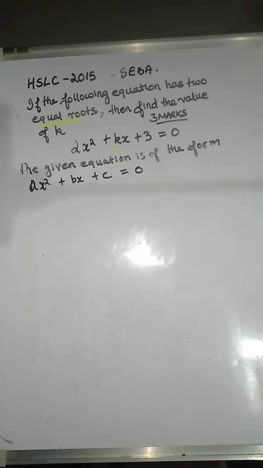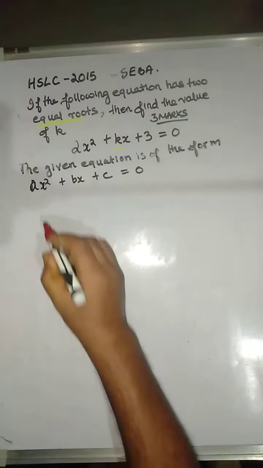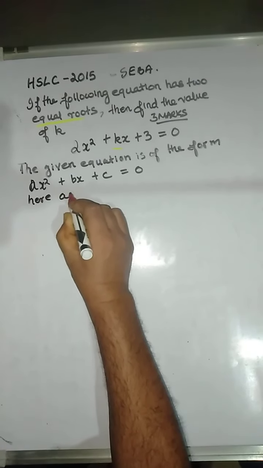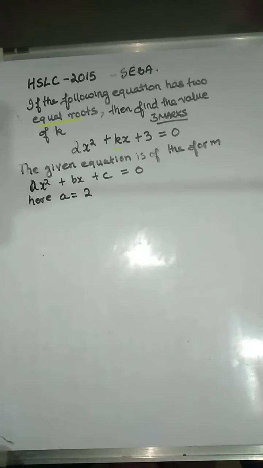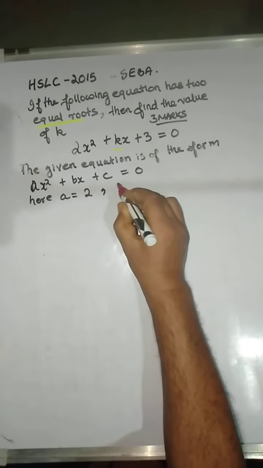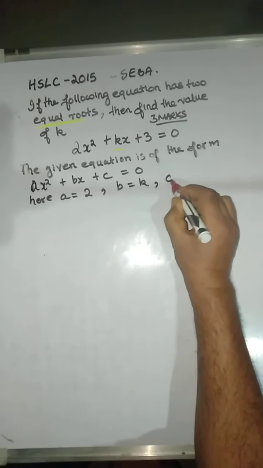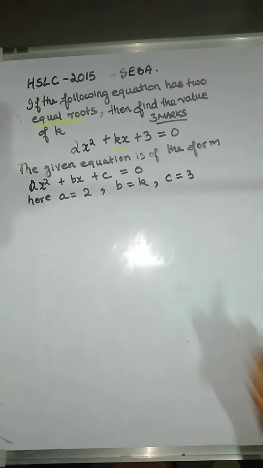You need not do all this, but you need to know why. It is of that form because it is a quadratic equation. Here, a is equal to 2, which is the coefficient of x squared. b is equal to k. c, which is the constant, is equal to 3.